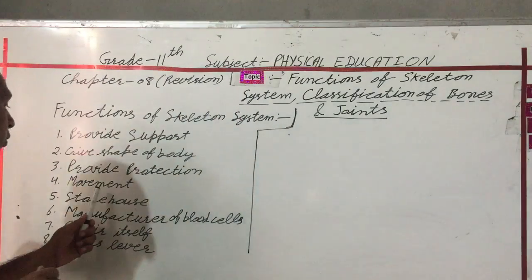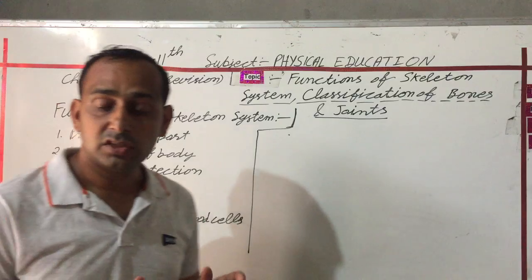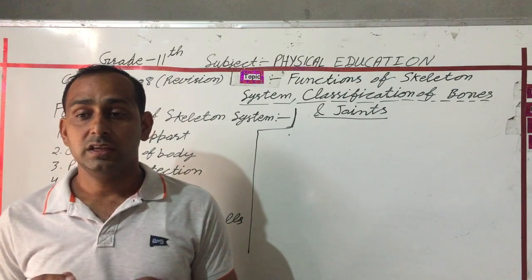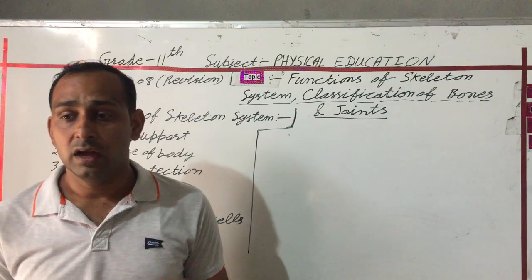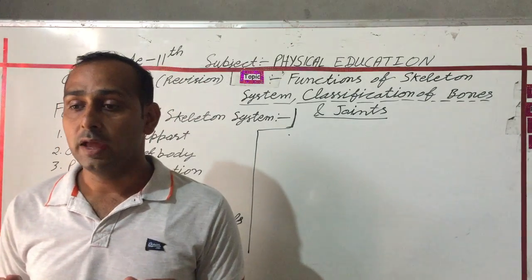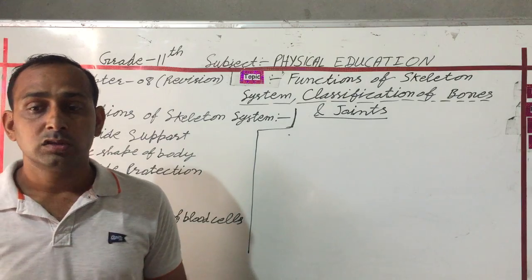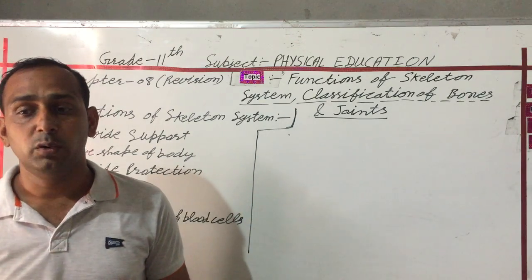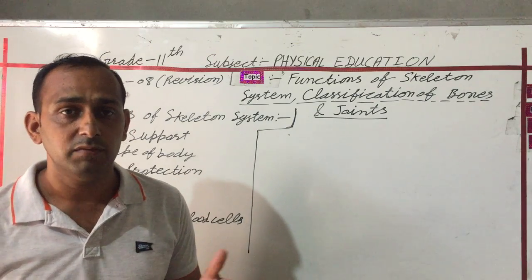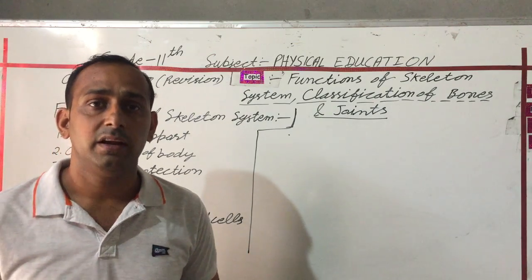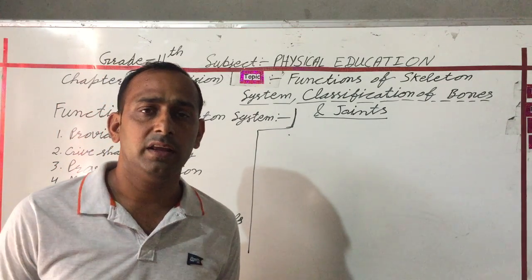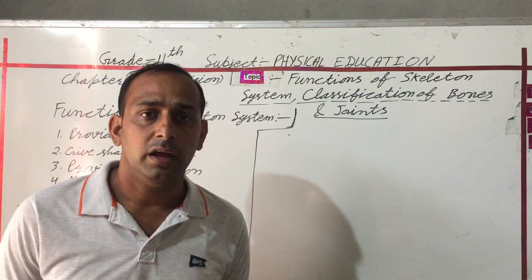Next is movement. Skeletal bones serve as levers which are activated by the muscles attached to them and allow movement of the body. These help in doing work easily, any physical activity, any work at home, gardening, walking, or any sports activity.